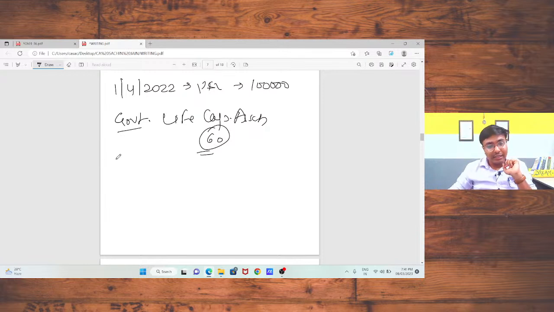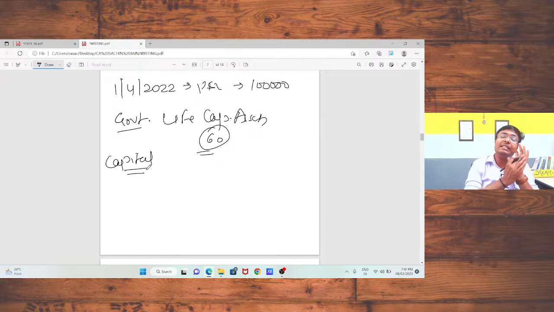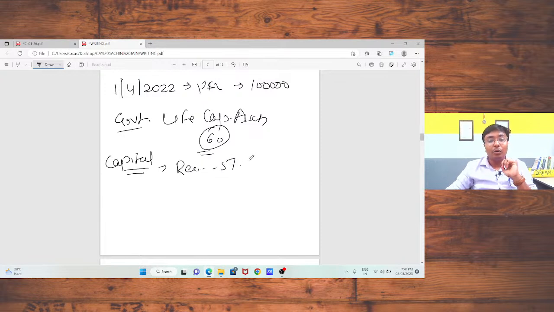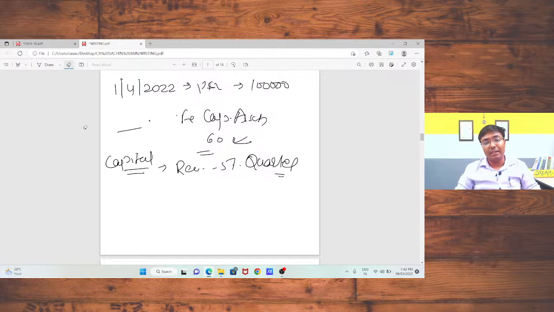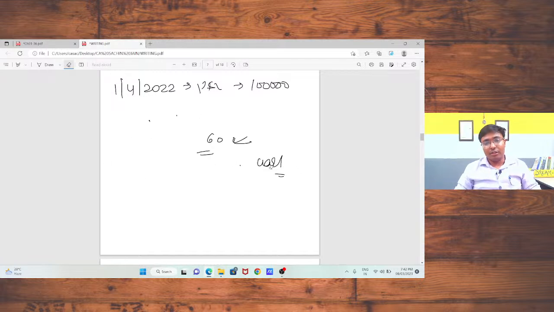Hence, the government says that related to capital goods, if you are going to use that capital goods for exempted as well as taxable purposes, you need to reverse the input tax credit at 5% per quarter, because the life is 60 months. This is an assumption, a rule given by the government, that is 5%. We can't change this. This is just for your knowledge, and it is also usable in our calculation.